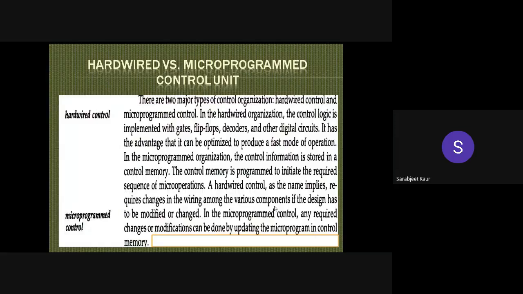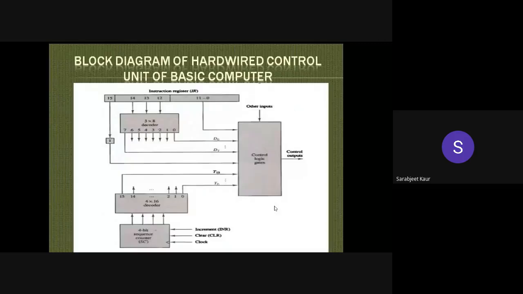And then we had discussed the differences between the hardwired and microprogrammed control unit before coming to the block diagram of the hardwired control unit of the basic computer that is presented in our textbook.